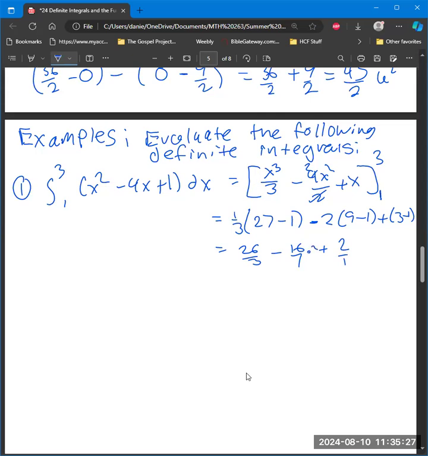So I'm going to multiply by 3 over 3, and that is 26 minus 48 plus 6 over 3, which is 32 minus 48 over 3, which is a negative 16 over 3 for that example.